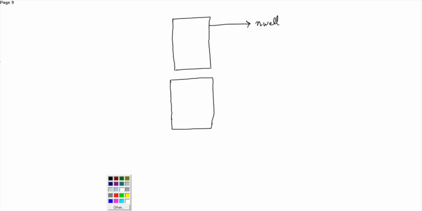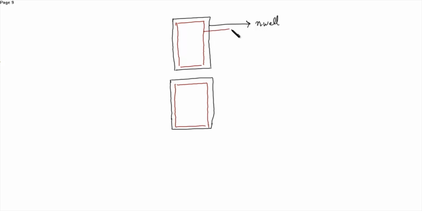After drawing the N well, draw the P diffusion, which is brown in color. So this is the P diffusion layer, or the PDF layer.